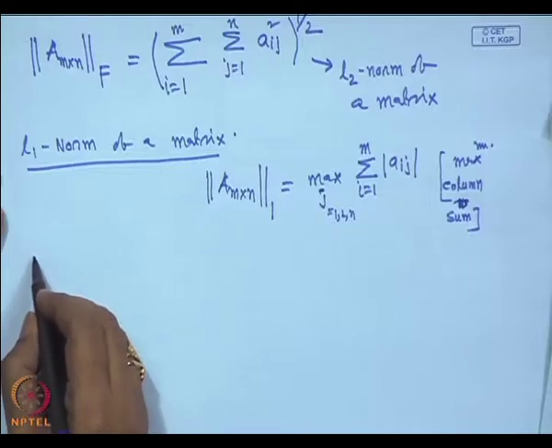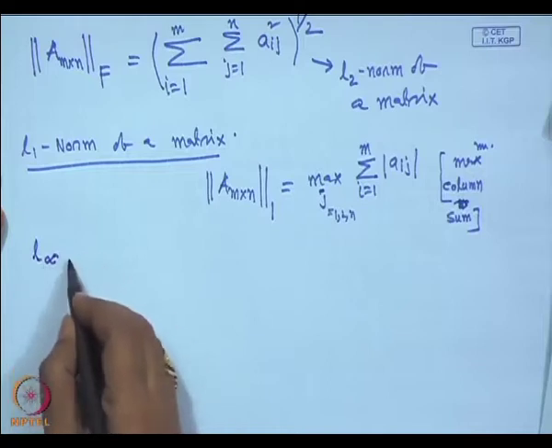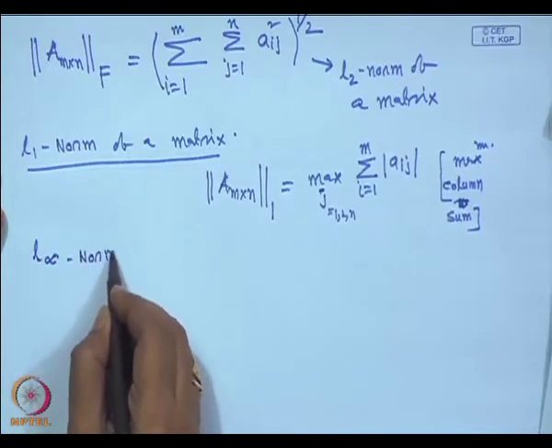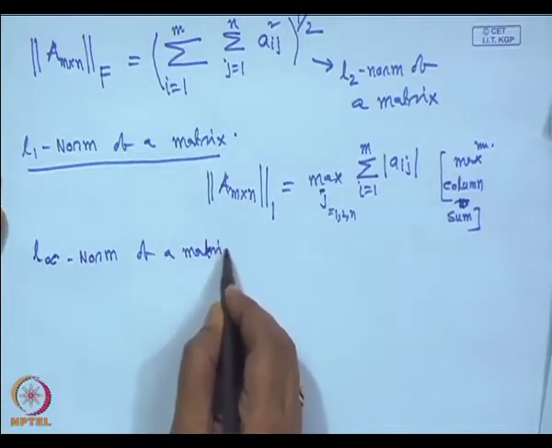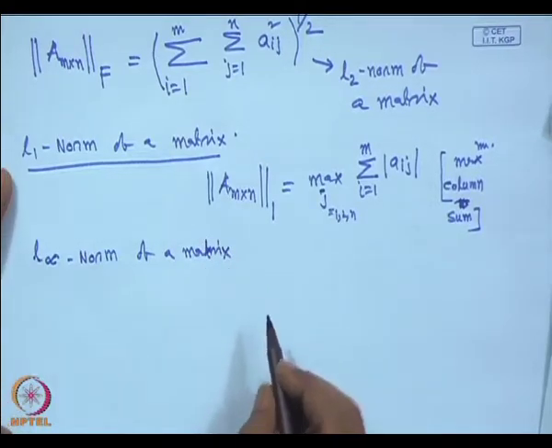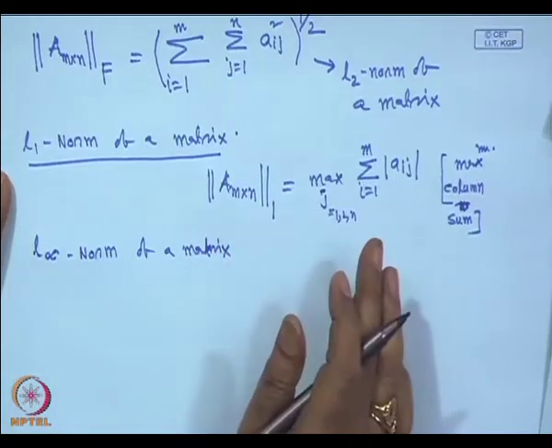Next is the L infinity norm of a matrix. What is the L infinity norm of a vector? We have seen that it is the maximum absolute value of the elements of a vector.